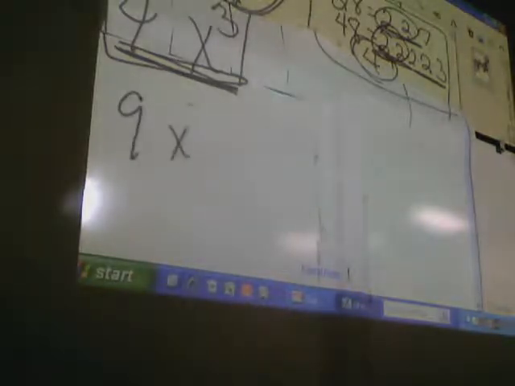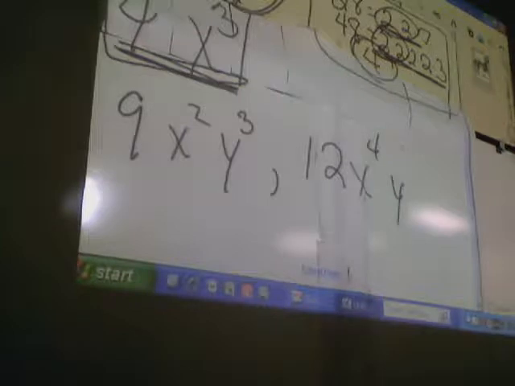For the exponent, take the smallest of your variable. So if you had one that said, let's say 9x squared y to the 3rd power and 12x to the 4th and y to the 7th.